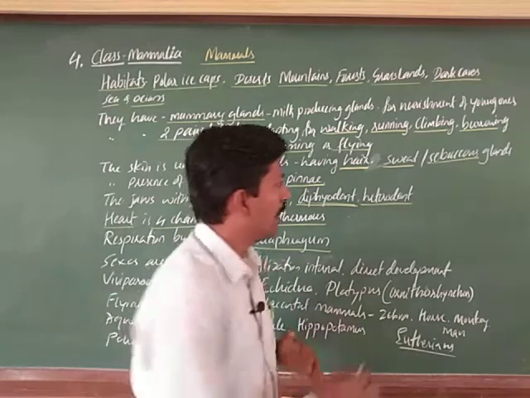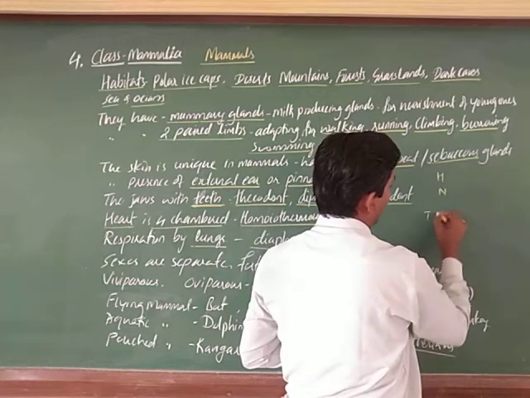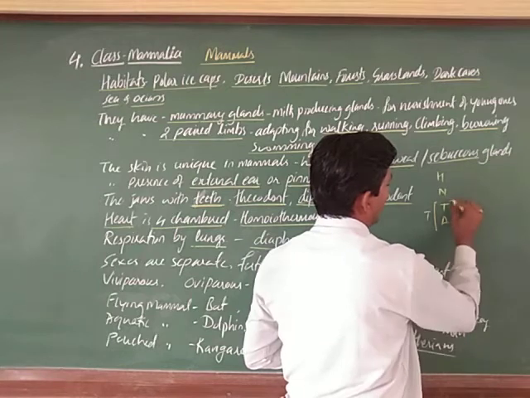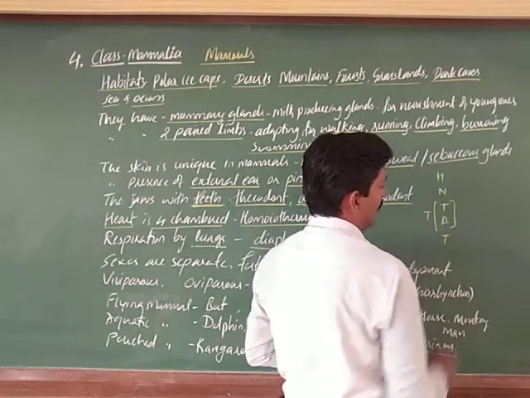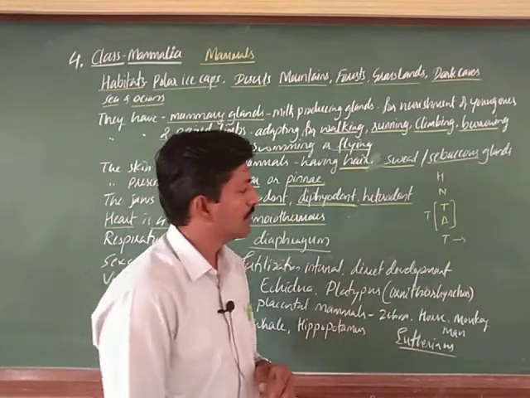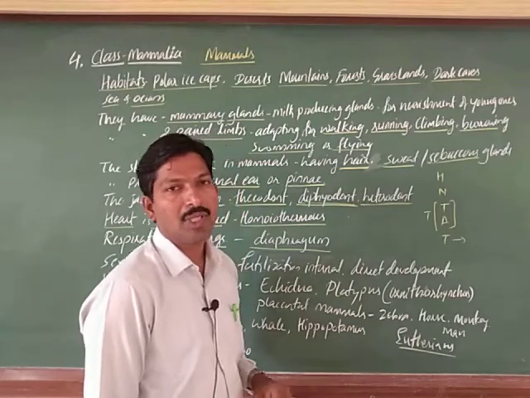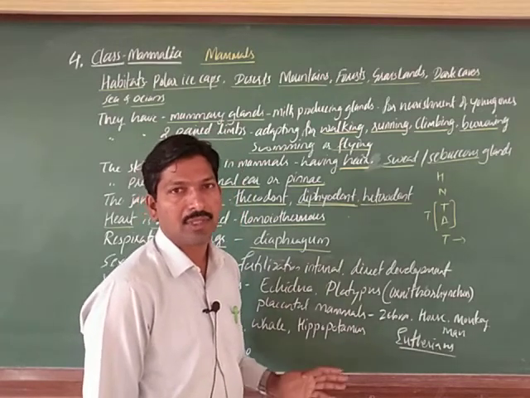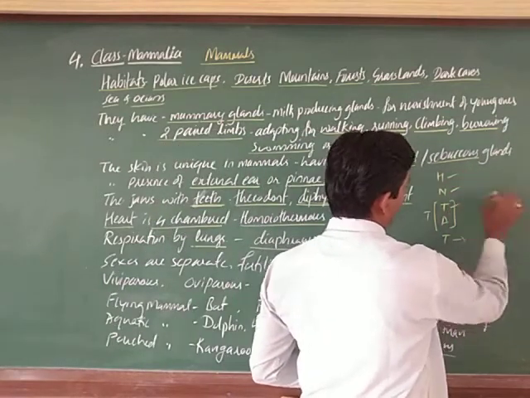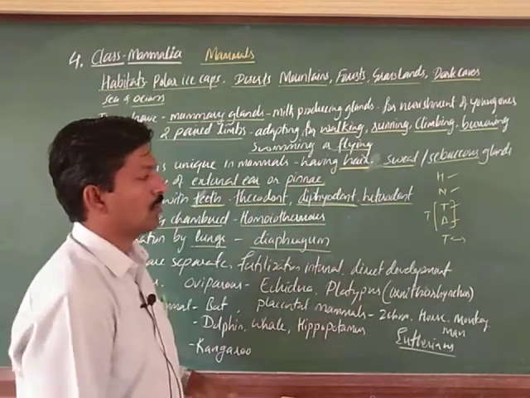Next, the tail. Usually a tail may be observed in most mammals, but in case of man the tail is absent, right. So, head, neck, thorax, abdomen and tail, these are the body parts in order.